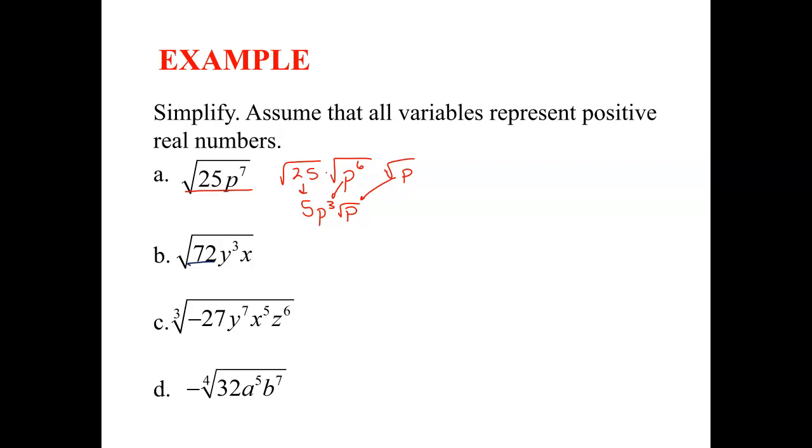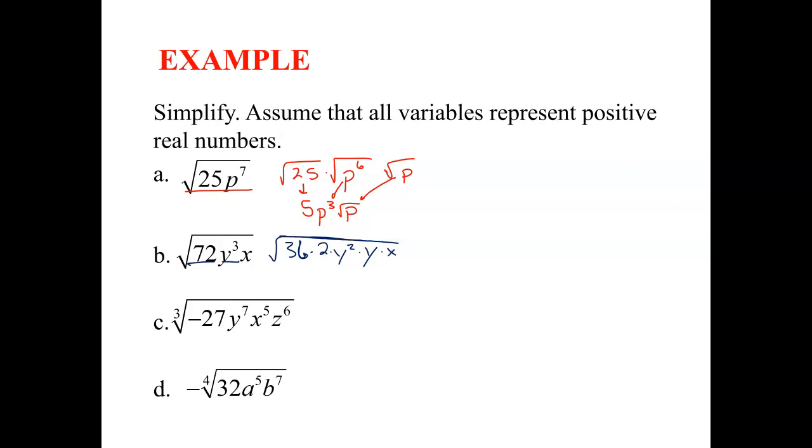Is 72 a perfect square? So what's the largest factor that is? 9? Bigger, not a perfect square. 36. So I've got 36 and 2. Is y to the third a perfect square? Split it into what? Y squared and y. X, well, can't do anything with that.